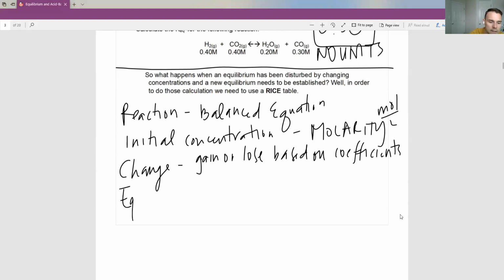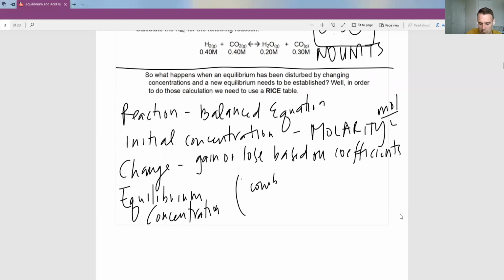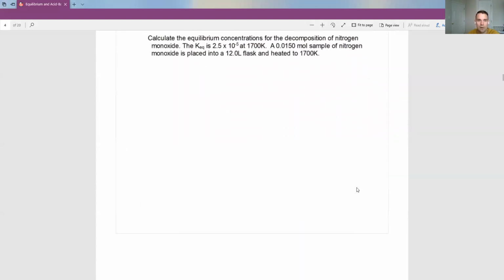And then E is the equilibrium concentration. Again, molarity. And to do that, you just combine I and C. So the I and the C lines come together to give you the equilibrium concentration, the E part. So let's look at an example and fill out our Rice table.